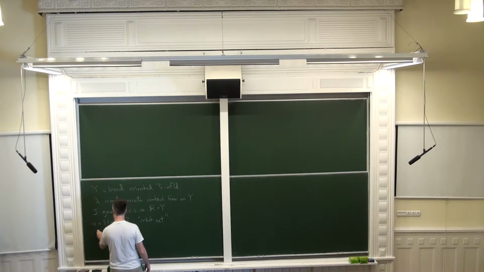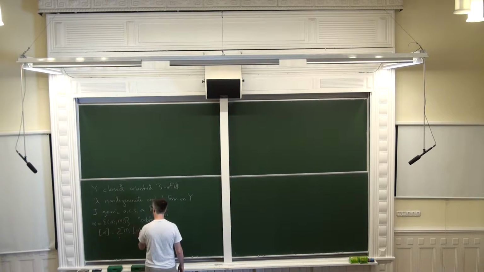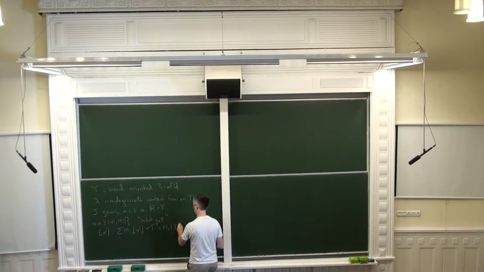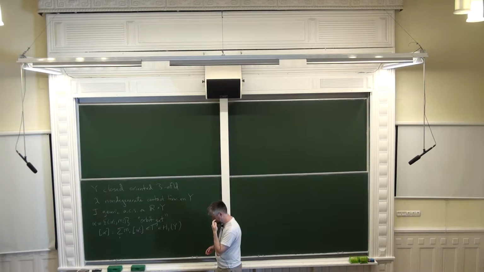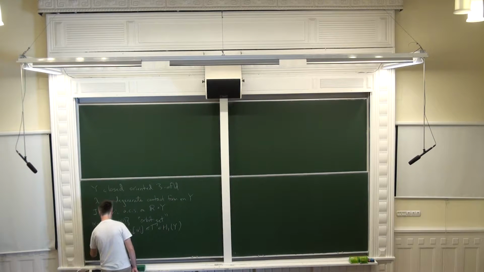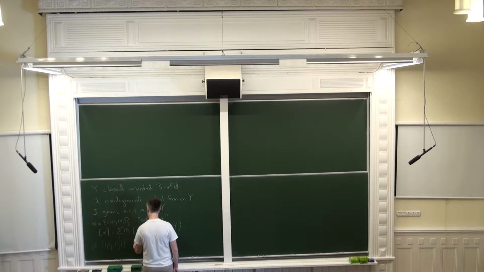Then this has a homology class, which is the sum of the homology classes of the Reeb orbits with multiplicities. Let's call it Γ. And let's say I have another orbit set in the same homology class.